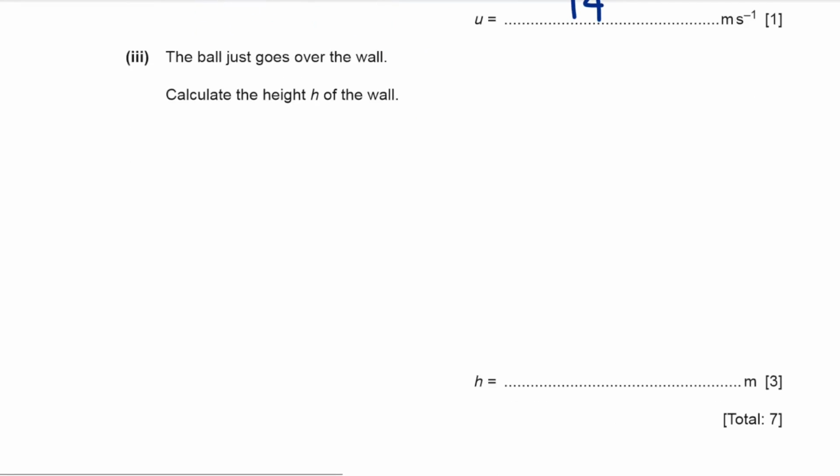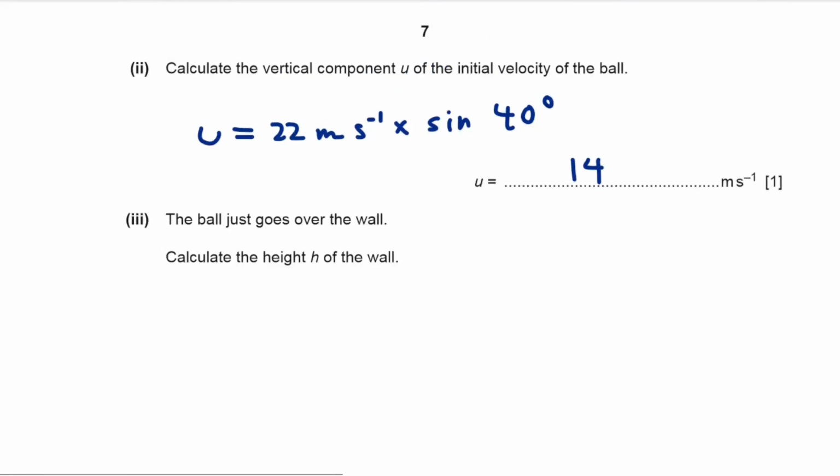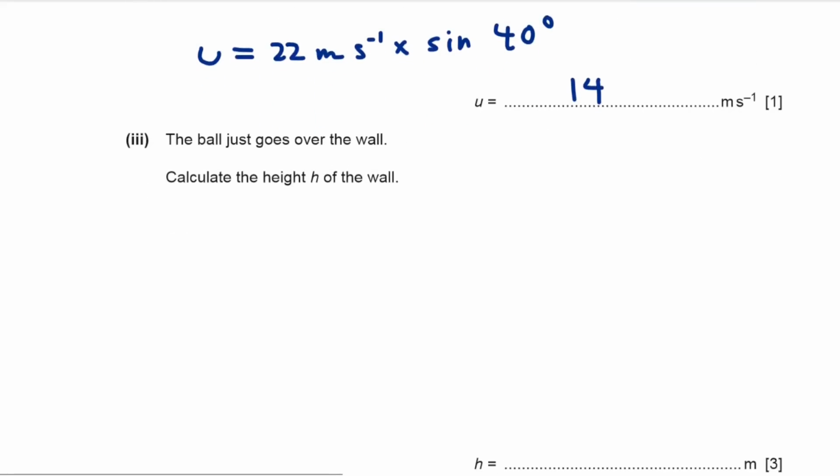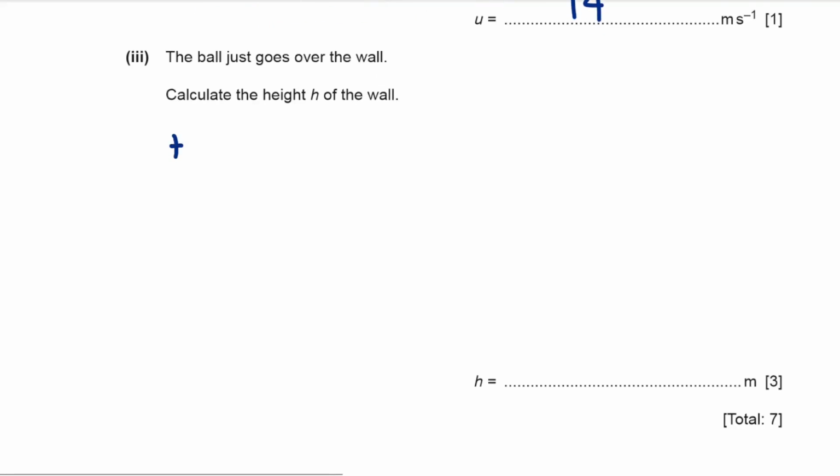The ball just goes over the wall. Calculate the height h of the wall. So we know the time. Time is equal to 2.1 seconds. It takes 2.1 seconds to reach the wall. We know that the initial velocity is going to be 14 from the previous step.